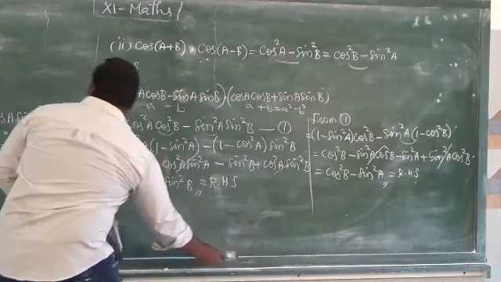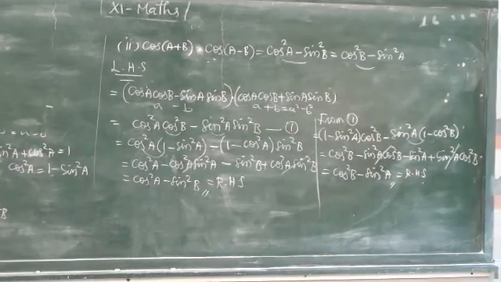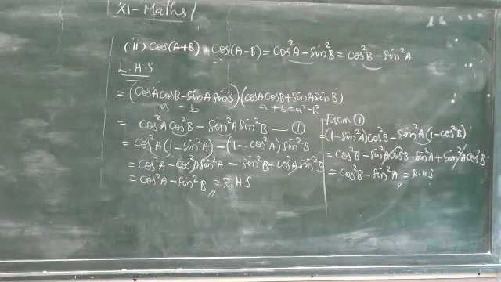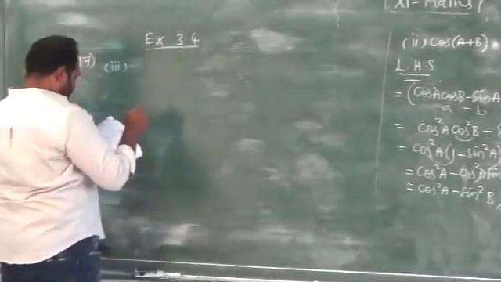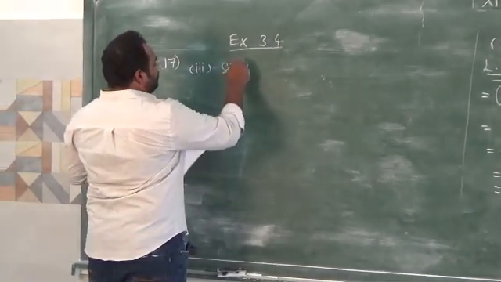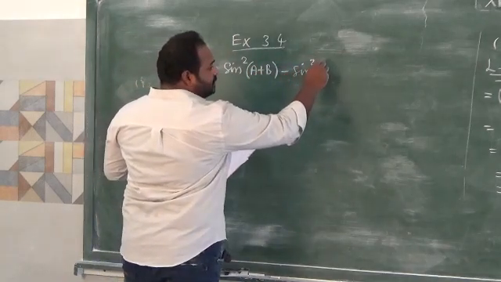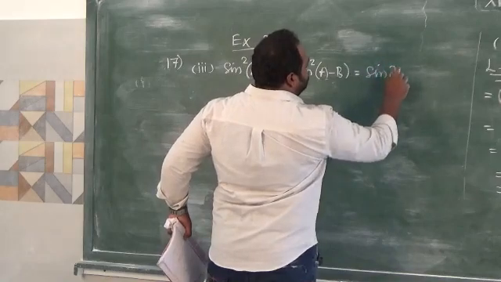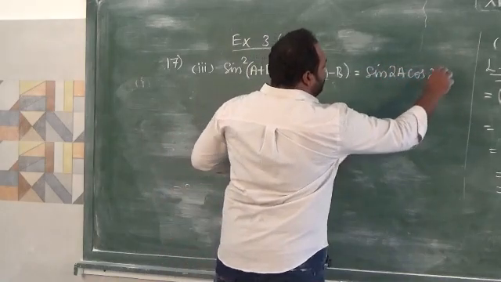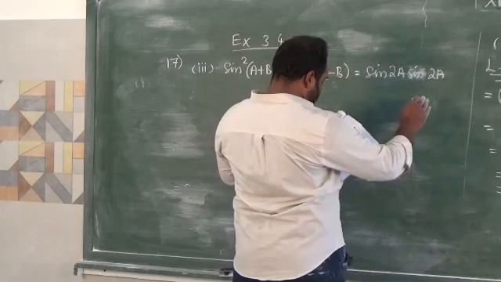Next, third subdivision. Sin square (A plus B) minus sin square (A minus B) equal to sin 2A sin 2B.